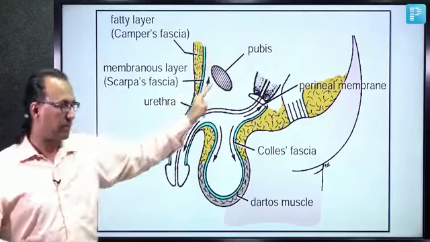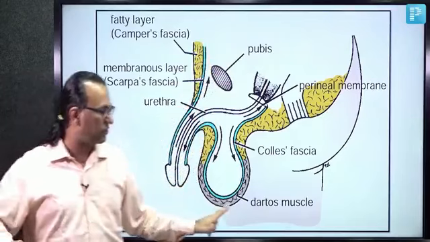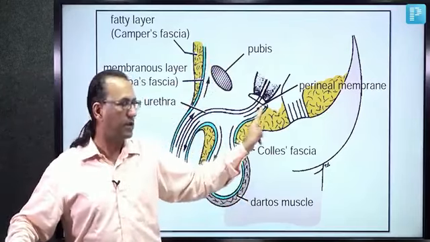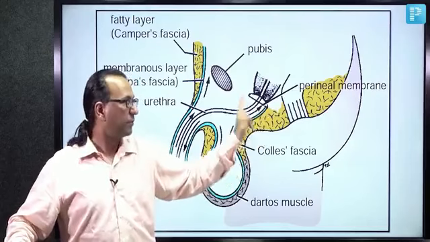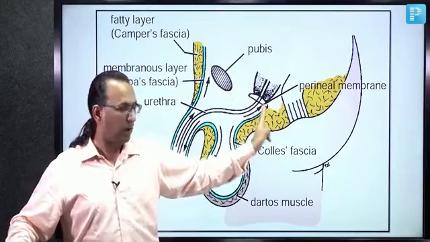And the Scarpa's fascia becomes continuous with the penile fascia, continuous with the scrotal fascia, continuous with the Colles fascia, which is reaching the perineal body, attaching to the perineal membrane posteriorly, which is at the floor of the deep perineal pouch.